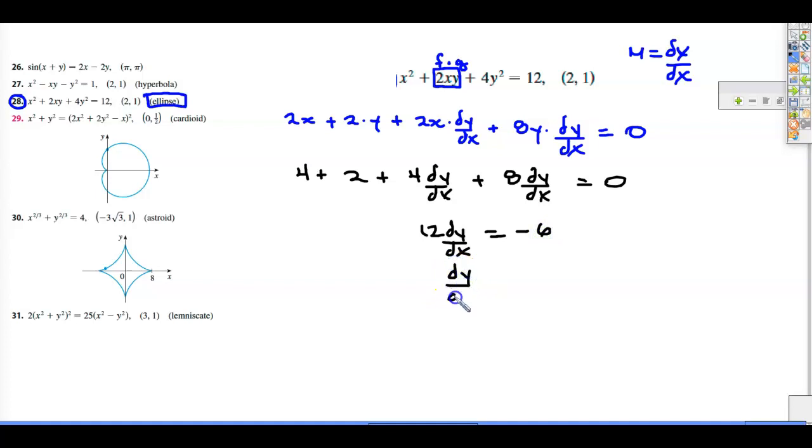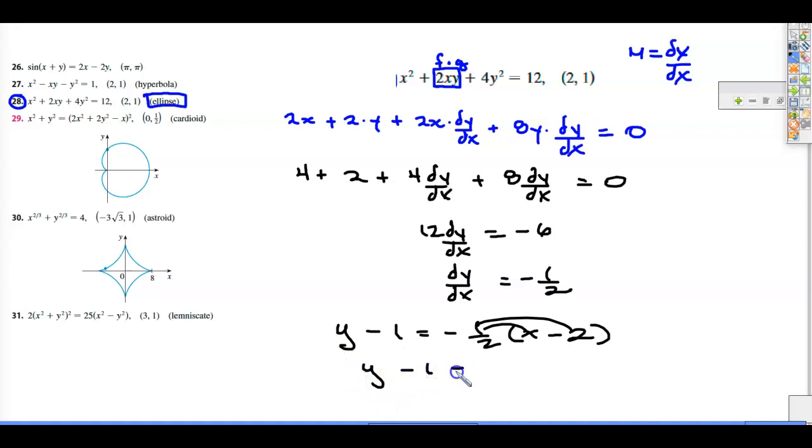Divide, and dy dx is going to be -1/2, which represents the slope, and therefore you get y minus 1 equals -1/2 times x minus 2. So when you distribute, this is going to be y minus 1 equals -1/2 x plus 1, and you get y equals -1/2 x, and then plus 2.